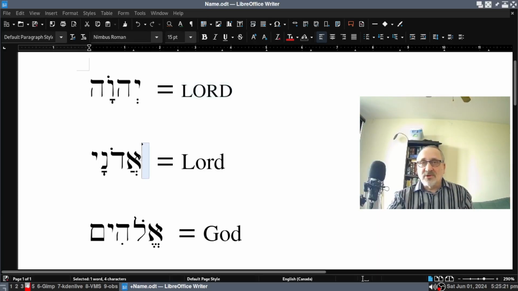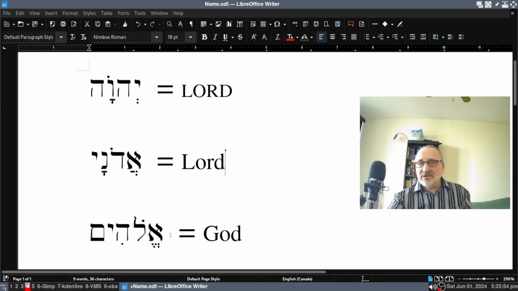When they see this word, Adonai, they translate it as Lord with the capital L, but the rest of the word is lowercase. And some Bibles will translate this as master because it also means master. It means master or Lord. Okay, so they translate it like that.